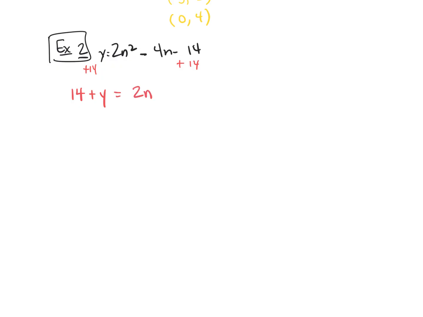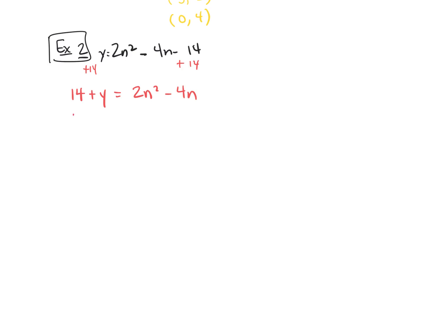Here's my second extra example. I'm going to have to first move this 14 over. So I'm just going to rewrite it. 14 plus y equals 2n squared minus 4n. Step 2, factor out a. A is 2.